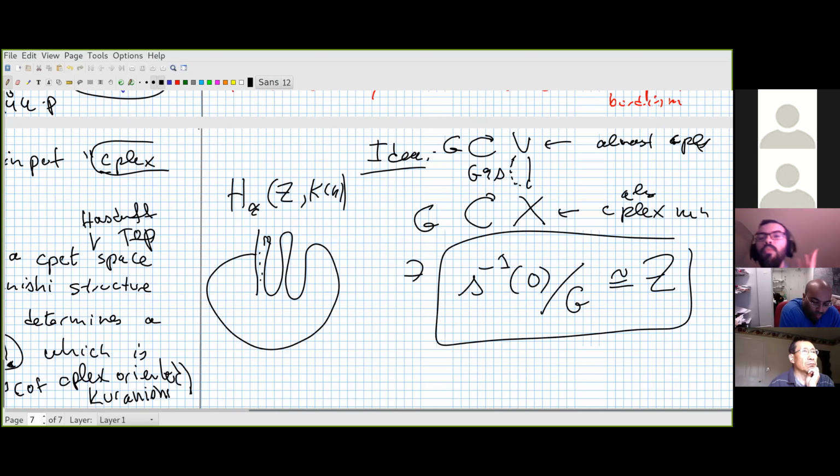This is the simplest way of trying to think about what it means for Z to come from a Kuranishi space. And what we had to do in the paper is that at the time we didn't know how to do this globally. Instead, we did it locally.